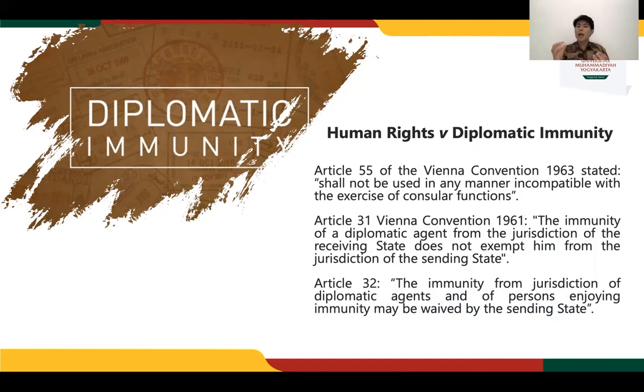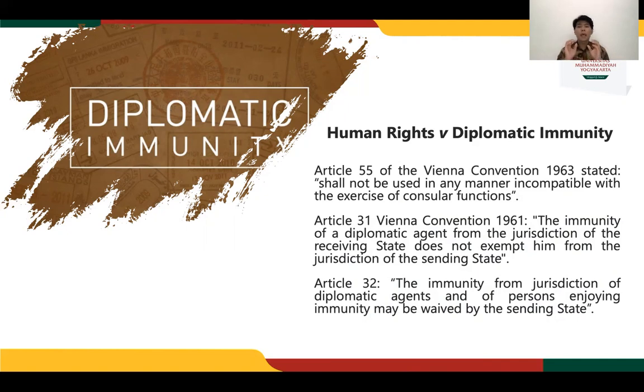It means that if Saudi Arabia wants to justify this case, the diplomatic immunity can be revoked. And Article 32 states that the immunity from jurisdiction of diplomatic agents and of persons enjoying this immunity may be waived by the sending state.